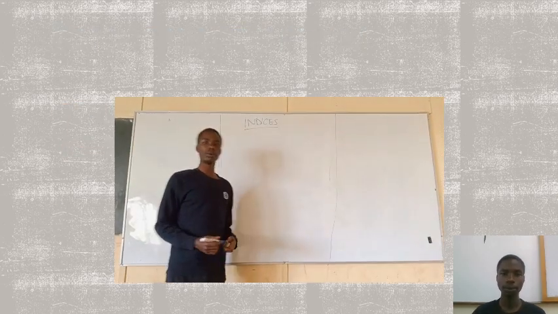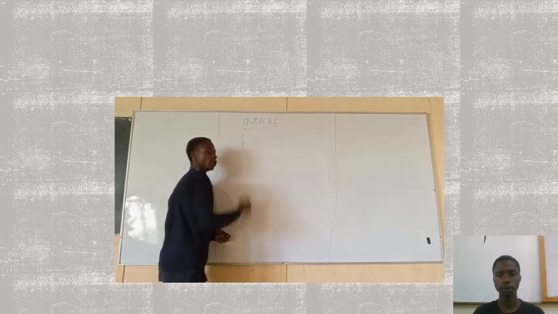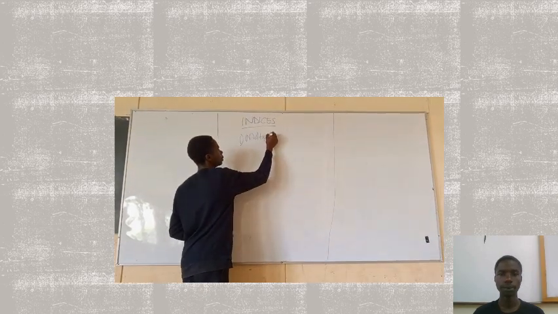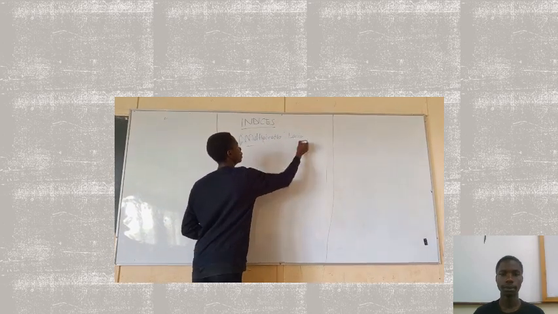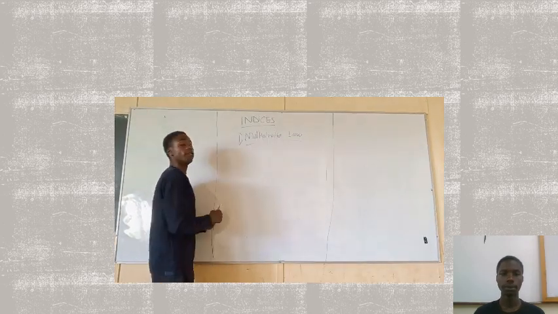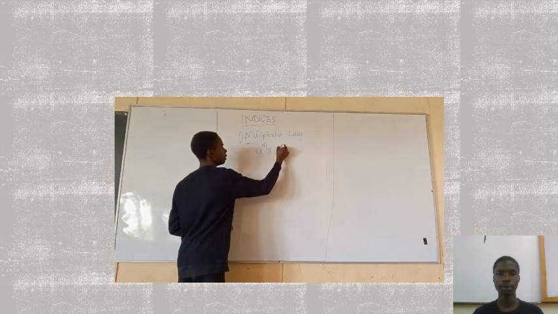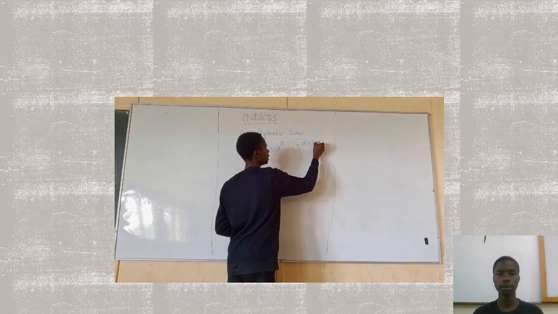Let's do an example of each and every law. Law number 1, which was the multiplication law. As we recall, the formula was a^m multiplied by a^n is a^(m+n).